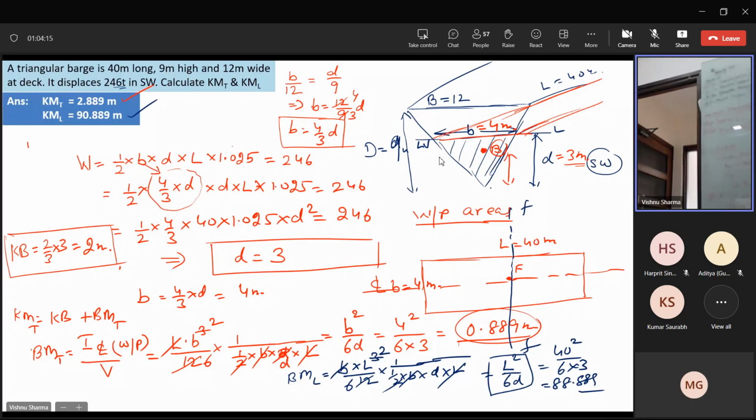Having identified the center of flotation, then you'll draw the needful axis, fore and aft for BMT and athwartship for BML. These are the steps involved, simple. If you stick to these simple basic things, you'll have no problems whatsoever. Guys, any questions up to this point? Otherwise I'll go to the next one.